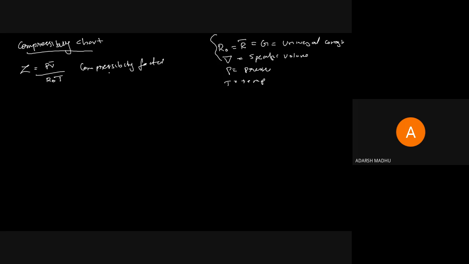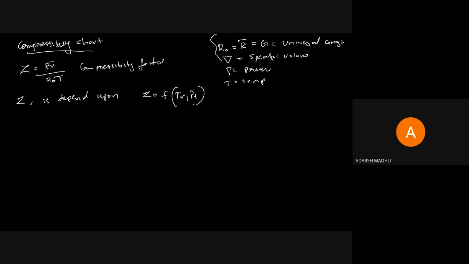The compressibility chart is defined as follows: the compressibility factor Z, that is PV by RT, for any gas depends upon its reduced temperature and reduced pressure.